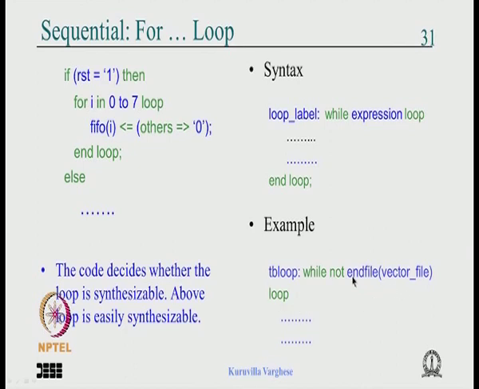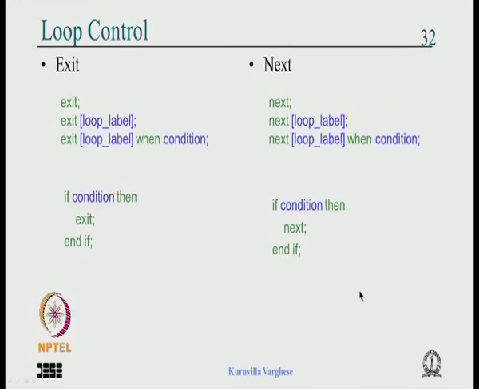If you have not reached the end of the vector file, keep reading the lines and do whatever is required. That is the meaning of it. That is one place it is quite useful, not for synthesis, this is useful in simulation for verification.